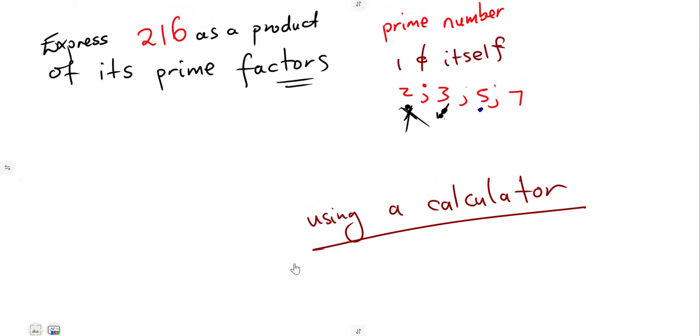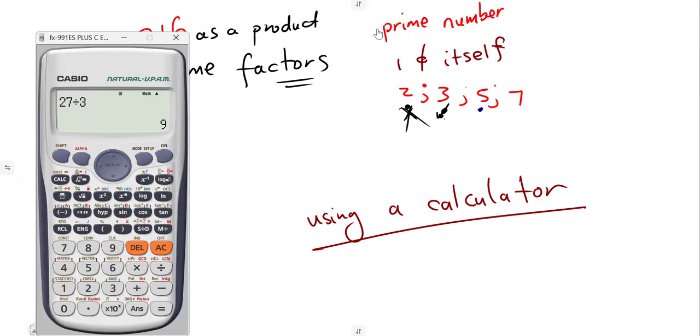On your calculator, there is this part here, which is the fact button, the one with the dot and comma.